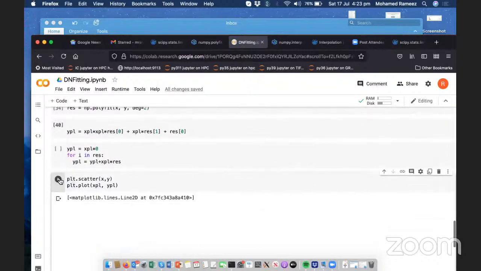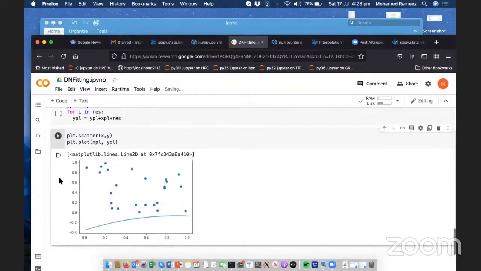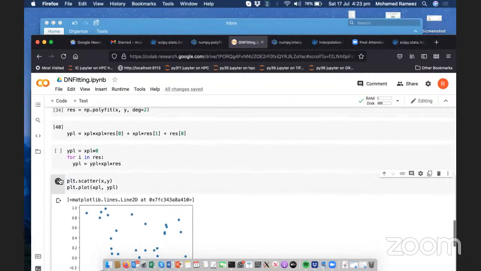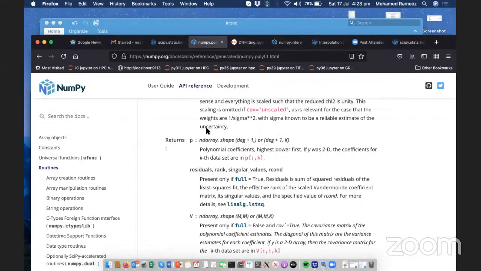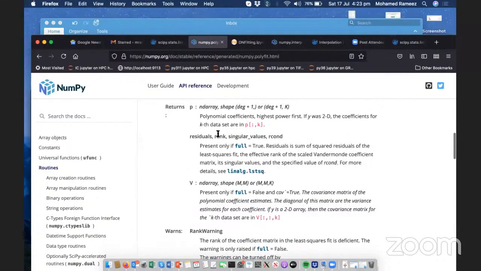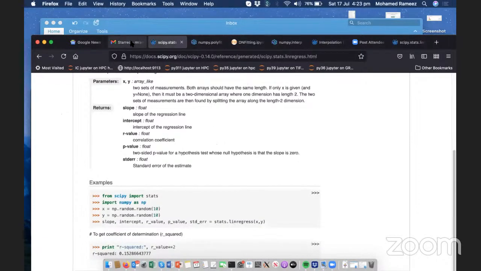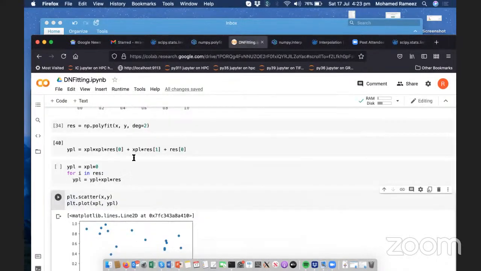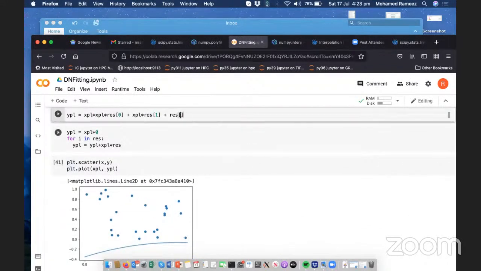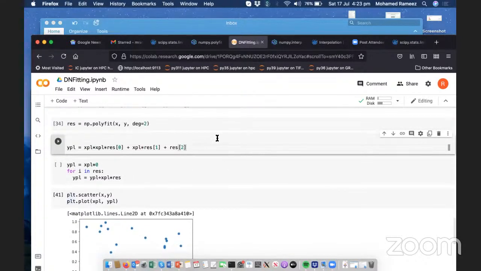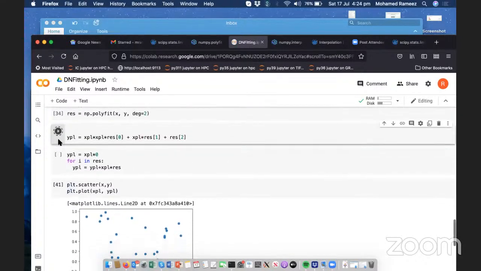Is this a better fit? Nope, let me understand what's going on. So this is polynomial fit. It returns the highest power first. So res of 2, this is what I should be using.